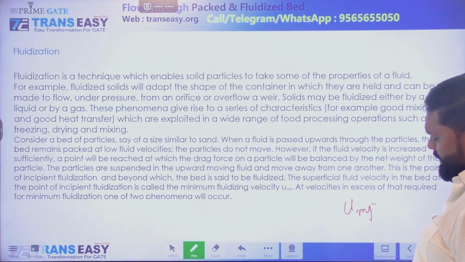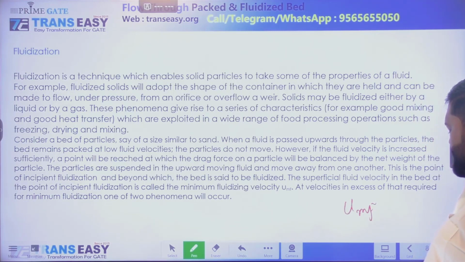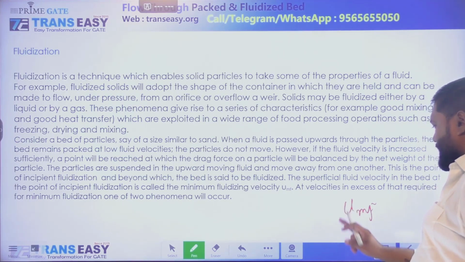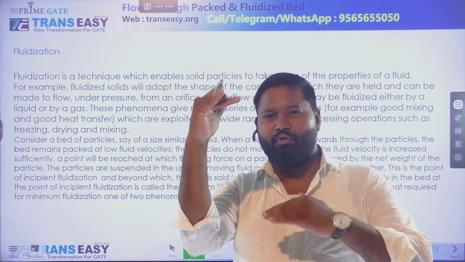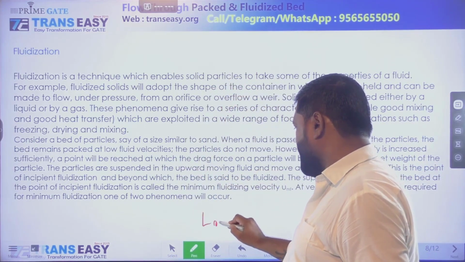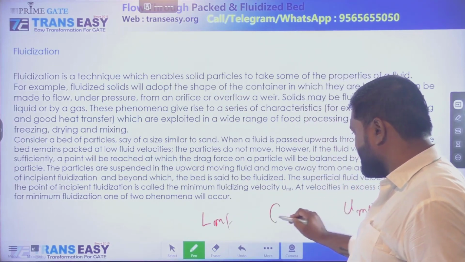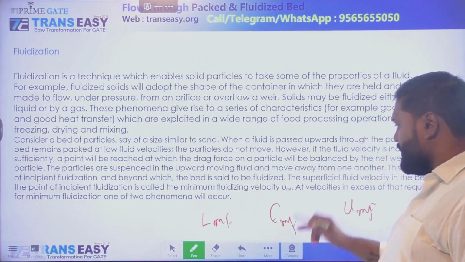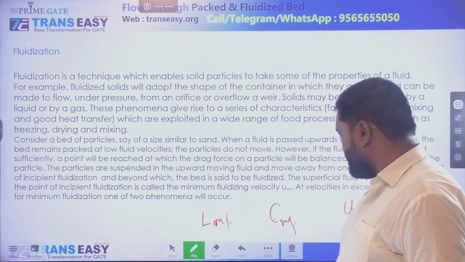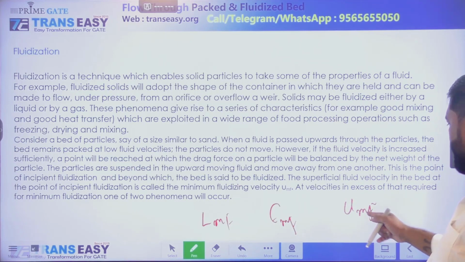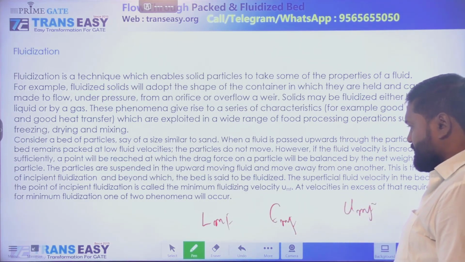So there are no intergranular forces acting between particles. That velocity is called minimum fluidizing velocity, and height of the bed at minimum fluidizing condition is LMF and porosity epsilon MF, right? Minimum fluidizing porosity, minimum fluidization height of the bed, minimum fluidizing velocity of the flow, right? And this is superficial velocity.